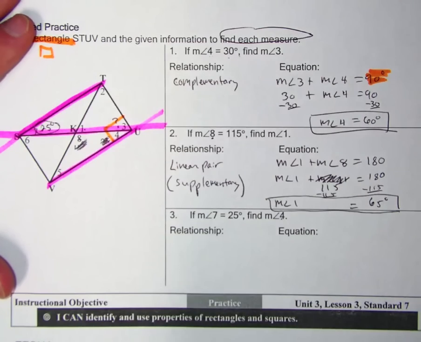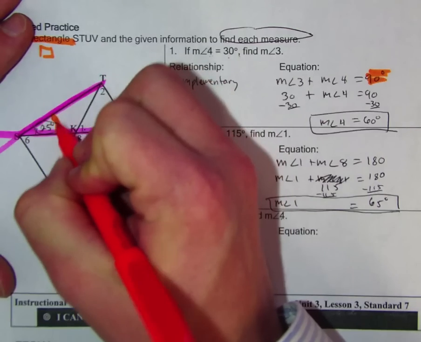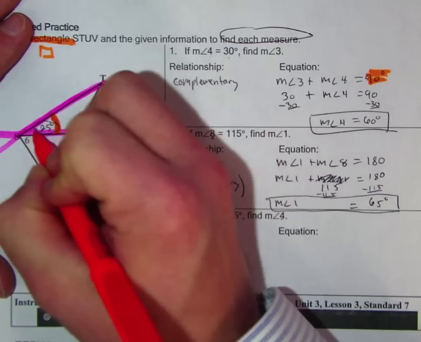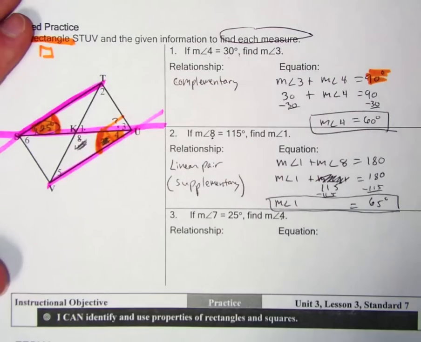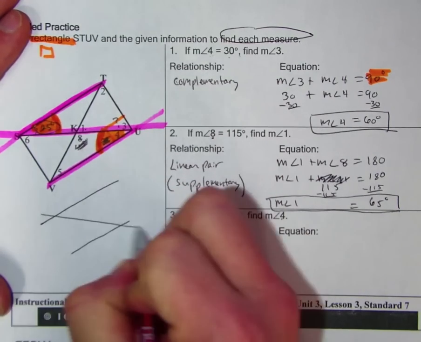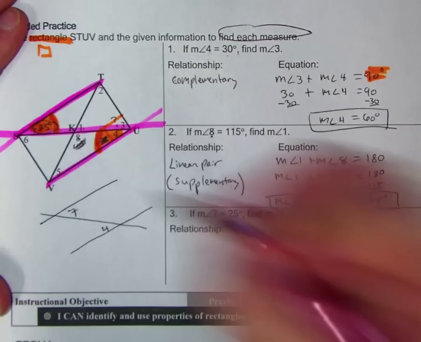If you can see that, then you might be able to see how here's angle 7, here's angle 4. So if you can see what I'm talking about, I sketched this right here. Here's angle 4, here's angle 7.